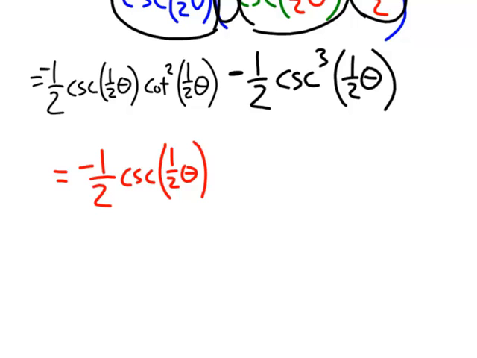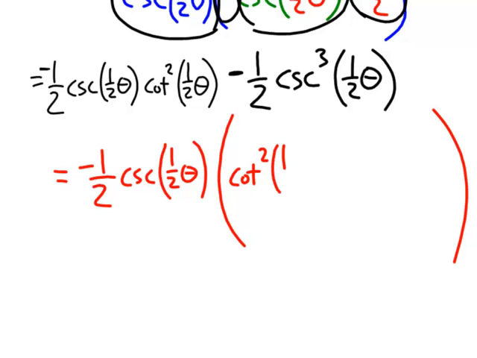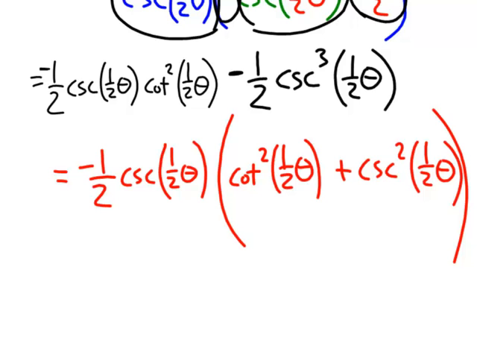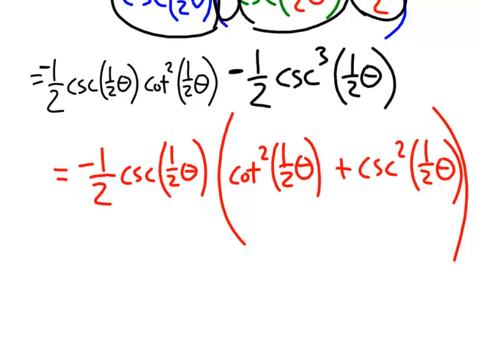And if I factor that outside, some big parentheses here, what goes on the inside is going to be cotangent squared 1/2 theta, plus cosecant squared. Okay, and this function was g of theta, so this is g prime of theta.